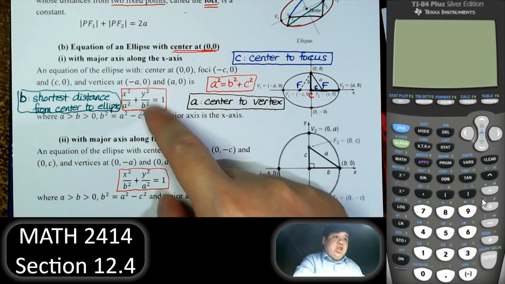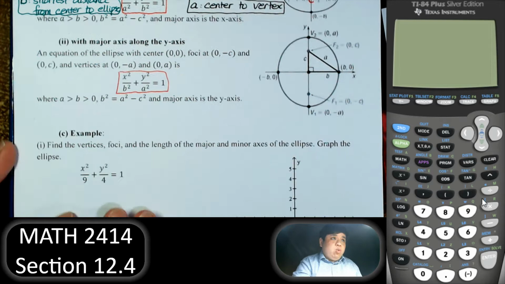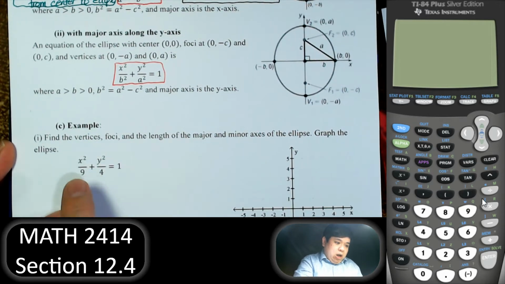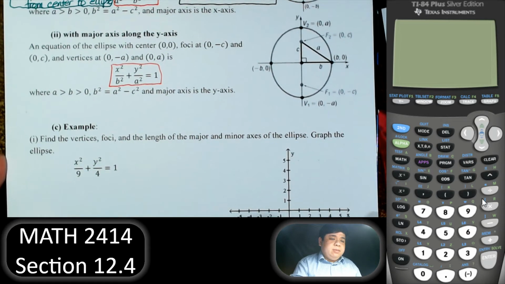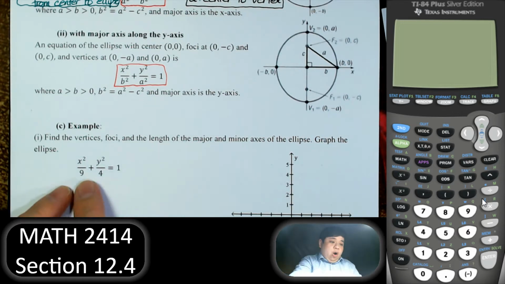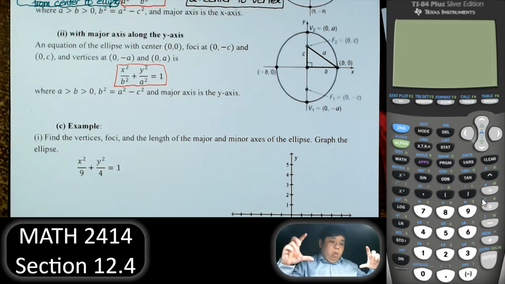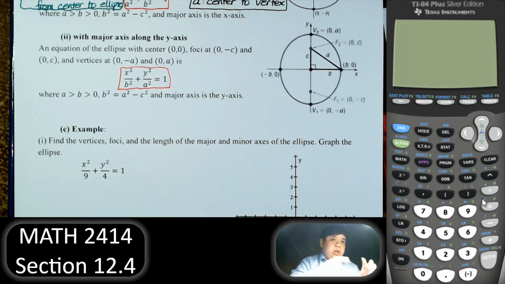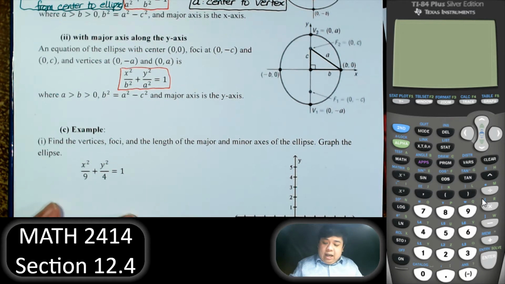The equation may change. First, when we look at x squared over 9 plus y squared over 4, that means it is horizontal, because 9 is below the x squared, so horizontally it will be longer than vertical. So this is going to be the horizontal ellipse. Now if we want to draw it, the center will be at 0, 0.